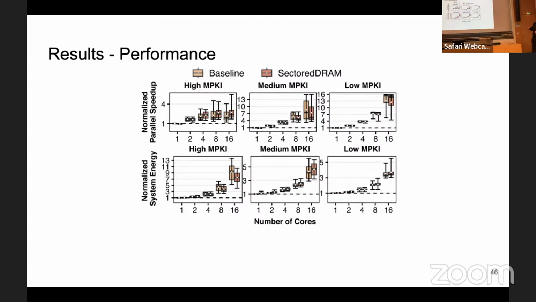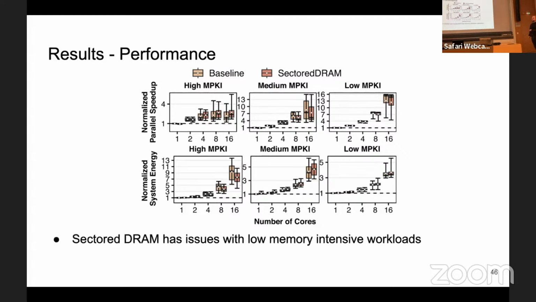And what we see for high memory intensity, sector DRAM performs consistently better with consistently lower energy use. And this improvement gets better the more cores we have. And for low memory intensity, it's more complicated. There either is no improvement or there's even sometimes worse performance of sector DRAM. For instance, in this case, sector DRAM uses more energy than the baseline implementation.